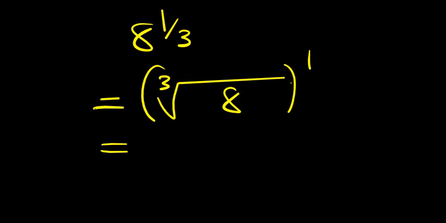The cube root of 8 means you're looking for a number that you multiply by itself 3 times to give you 8. And that is 2, right? If I do 2 multiplied by 2 multiplied by 2, it will give me 8. So that is the cube root. Therefore I'm going to have 2 to the power 1, and 2 to the power 1 is just 2. So that's how you solve this one.